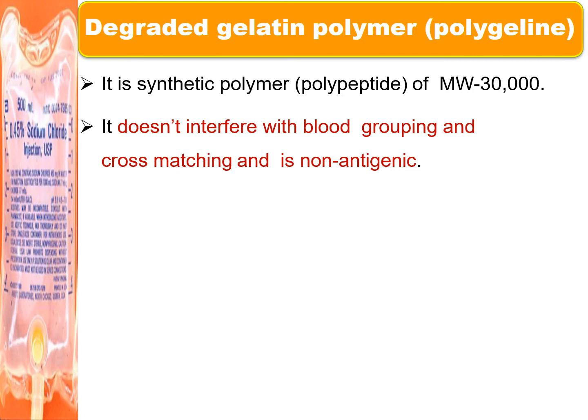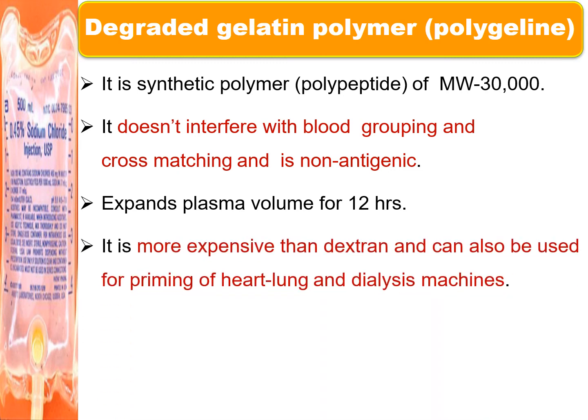This is the major advantage of polygeline. It expands plasma volume for 12 hours. It is more expensive than dextran and can also be used for priming of heart lung and dialysis machines.